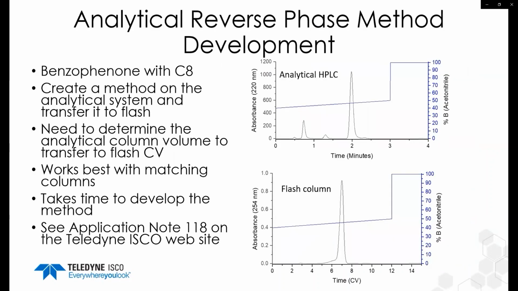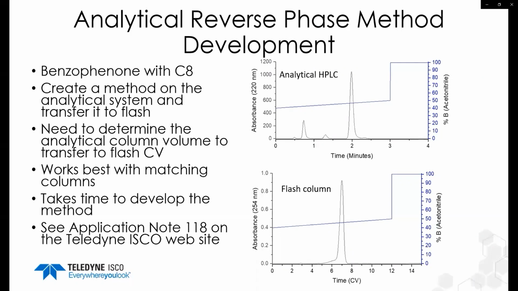For reverse phase, chemists commonly use analytical HPLC to develop methods. The runs can be fast, particularly for UHPLC, and need only a little sample for each run. Although each run may be fast, a trial and error process means method development may still take some time.